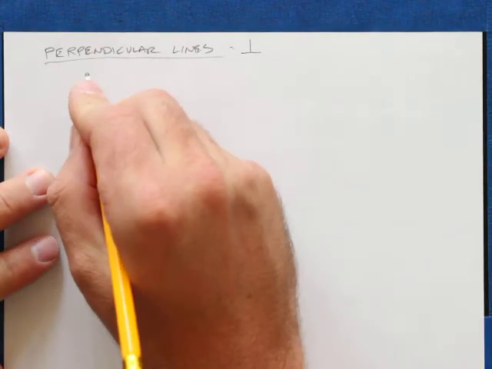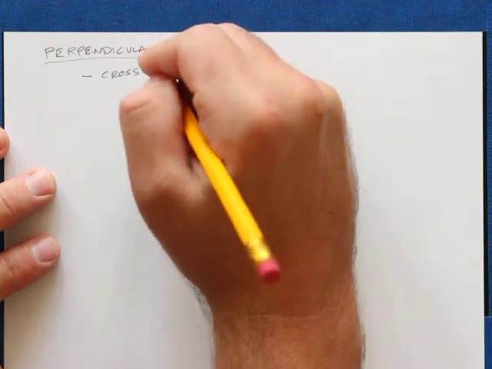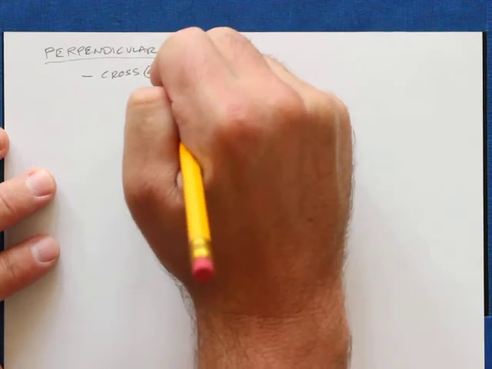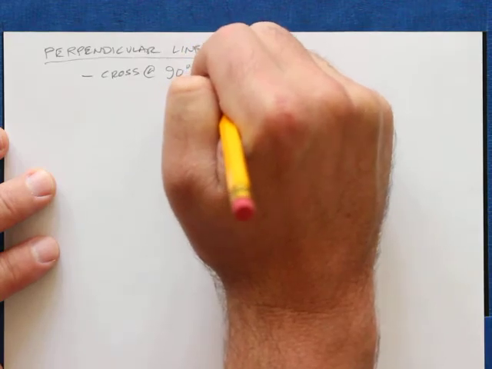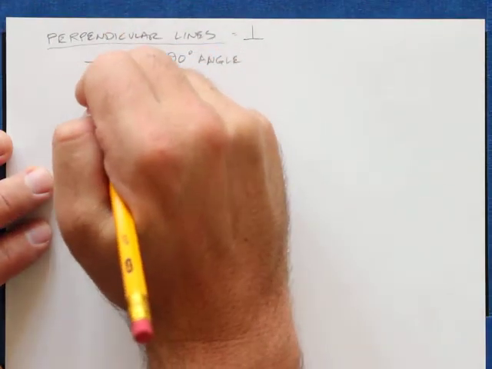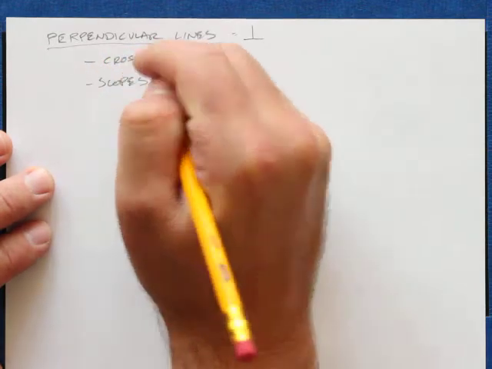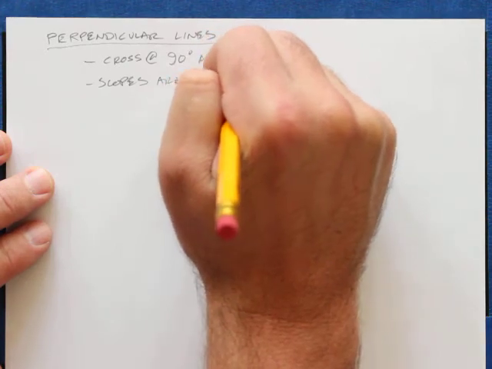All right, perpendicular lines cross each other at a 90-degree angle. That's what it means to be perpendicular. And the slopes are opposite reciprocals.